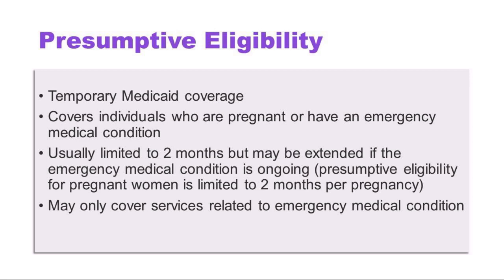However, many hospitals and community health centers have other staff on site who can complete the application. Clients can also apply at their local Department for Community-Based Services office. Clients will need to provide proof of pregnancy or a provider's certification of the emergency nature of their medical condition.